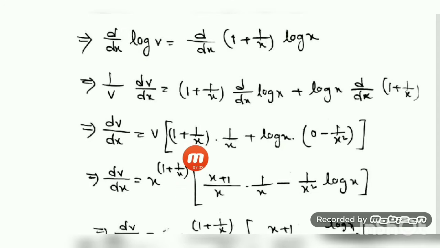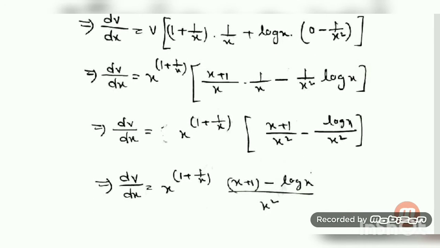Do the simplification. x is your LCM, numerator x plus 1, and here we have 1/x. This plus minus is minus 1/x square into log of x. Again here I have done one more step of simplification. I just combine this together, it becomes x square, and remaining things are the same. So this is your dv/dx.